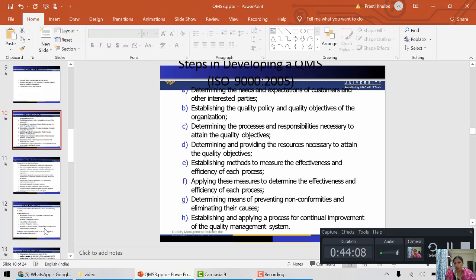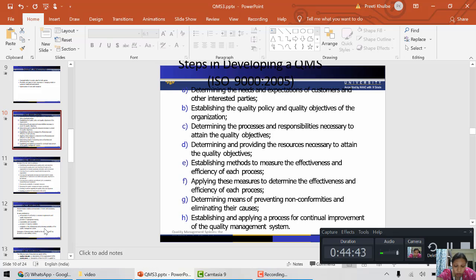establishing the quality policies, quality objectives of the organization, determining the processes and responsibilities necessary to attain the quality objectives, determining and providing the resources necessary to attain the quality objectives, establishing methods to measure the effectiveness and efficiency of each process, applying these measures to determine the effectiveness and efficiency of each process, determining means of preventing non-conformity and eliminating their causes.